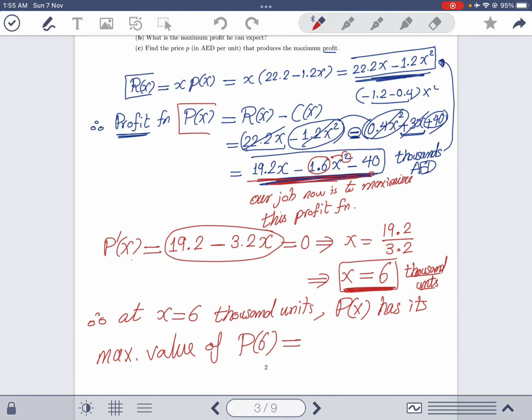This is the function p of x here. So just replace 6: 19.2 times 6 minus 1.6 times 6 squared minus 40.